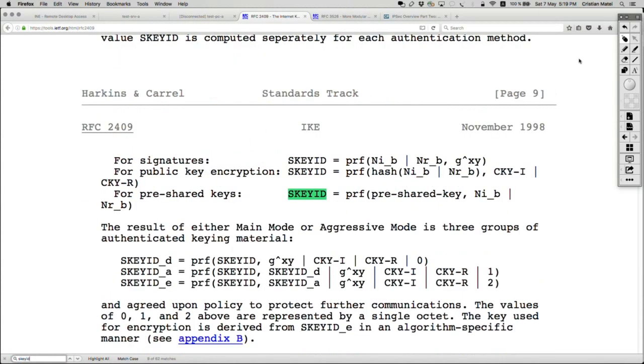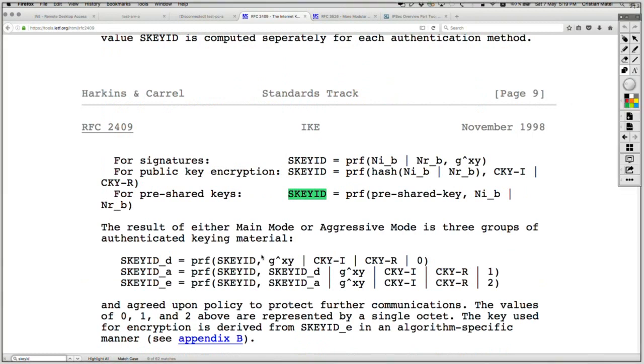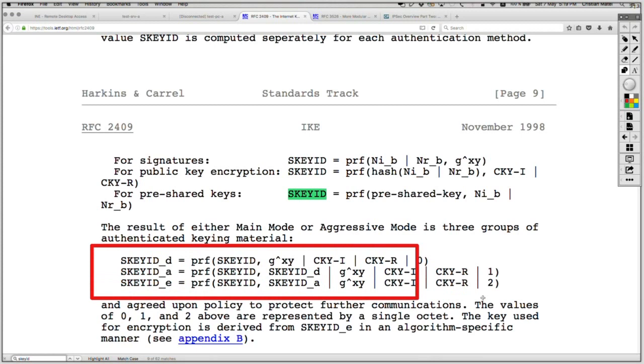And then, as you can see, from that common shared secret key, both VPN gateways locally compute additional keys, and those additional keys are going to be used to secure, as I stated, the last portion of the phase 1 negotiation and the phase 2 negotiation, and also secure data plane traffic being sent through the IPsec VPN tunnel once the tunnel comes up.